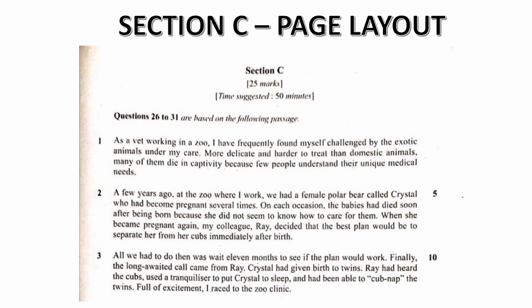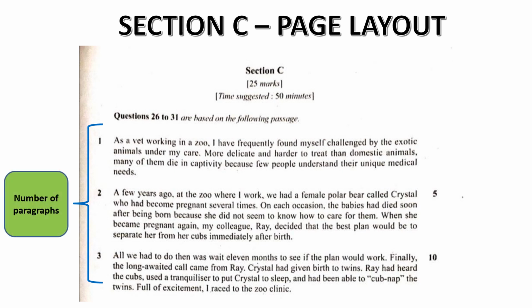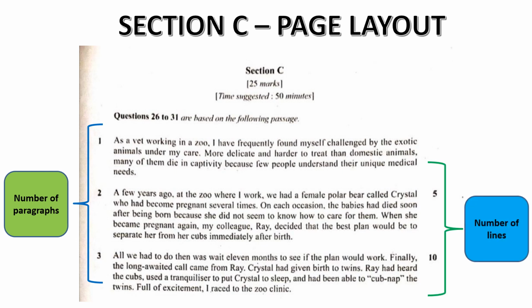What are these numbers? The one on the left, 1, 2, 3, and so on, are number of paragraphs. So number 1 there tells us that it is paragraph 1. Number 2 is paragraph 2, and so on. While numbers on the right hand side tell us number of lines.